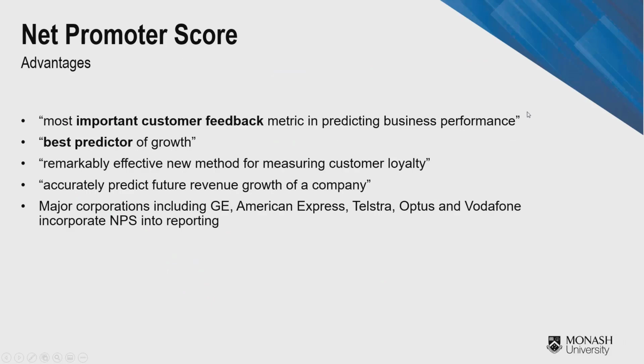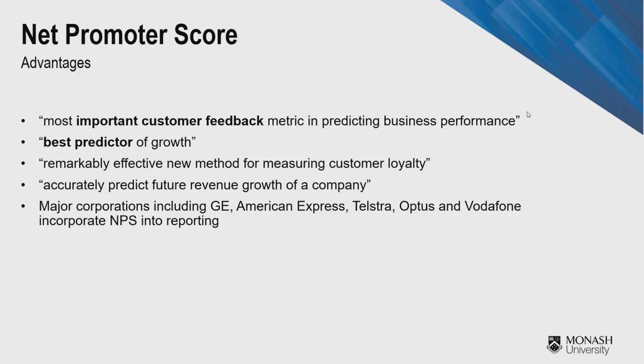Now we have looked at the calculation for Net Promoter Score, and we want to look at some of the advantages of using it. Some people say that it is the most important customer feedback. There is a lot of praise about Net Promoter Score. Some say it's the best predictor of growth.